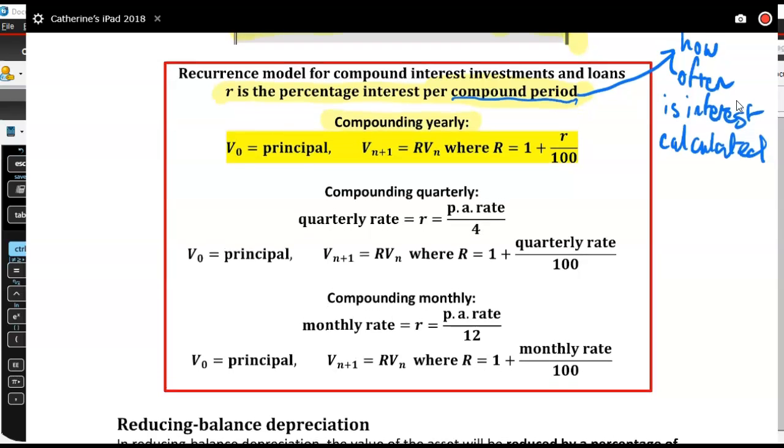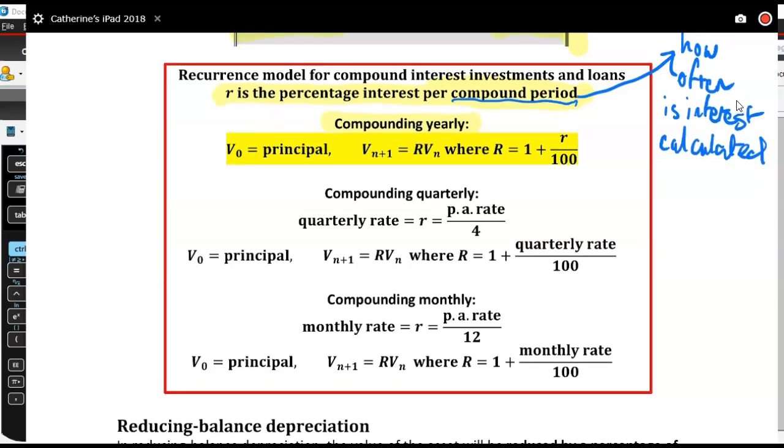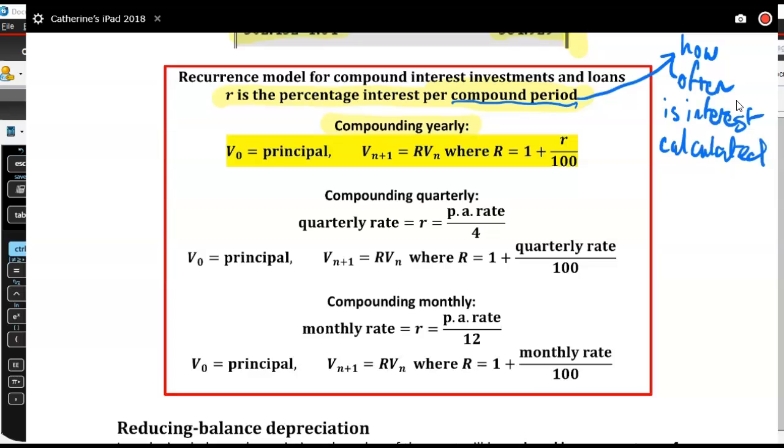So to take some examples from real life, on my mortgage, the bank calculates the interest on my loan monthly. So every month they calculate how much interest. So my compounding period is monthly. Now those payday loans I was talking about before, their compounding period is daily.